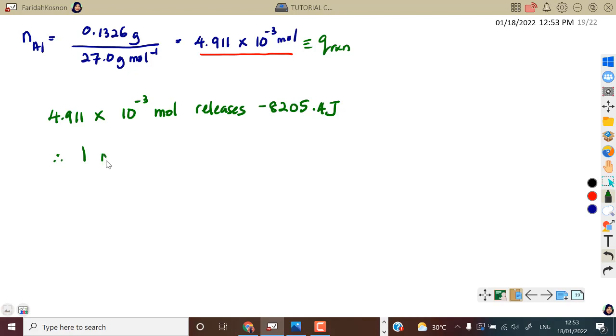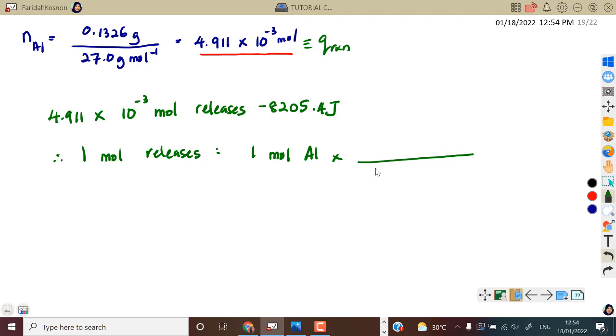Therefore, if 1 mole of aluminium burn releases, okay, tunjukkan operasi awak kira. Okay, macam mana? Maksudnya, kat sini, 1 mole, okay, nak tulis 1 mole aluminium pun boleh, tak ada masalah. Okey, saya tak nak mol. Saya nak cari dulu.